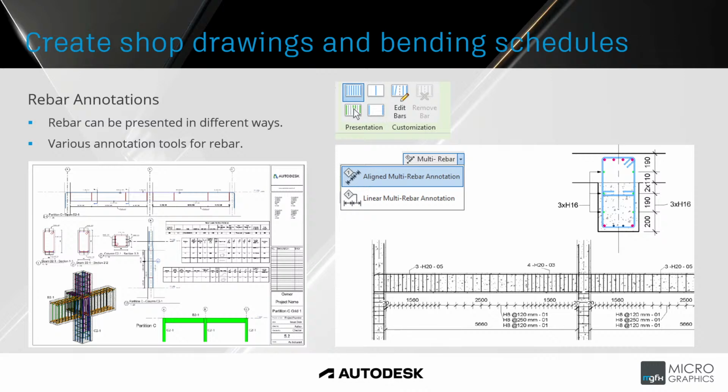Once you've got the views, like sections, elevations, maybe a little 3D item, you can present these rebar sets in various ways. The little image there in the top middle shows various presentations that you can apply to a rebar set. You can either have all the rebar objects shown, or you can only have one in the middle, or on the sides, etc.